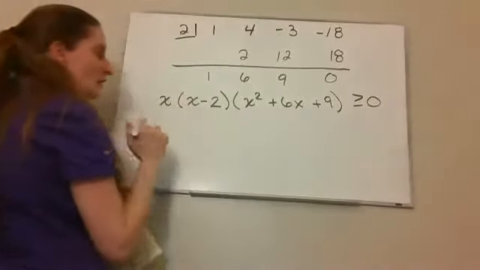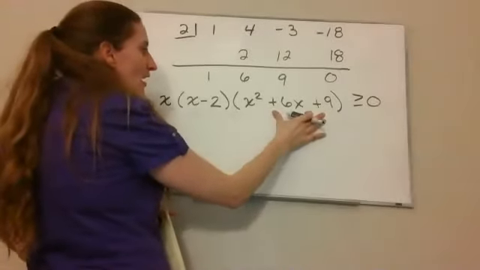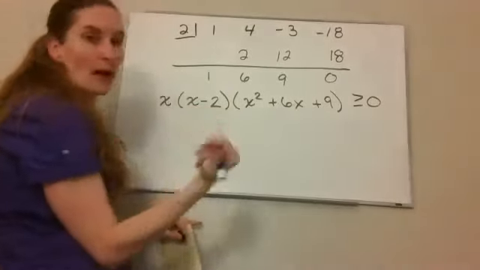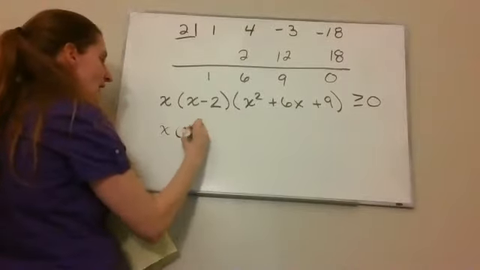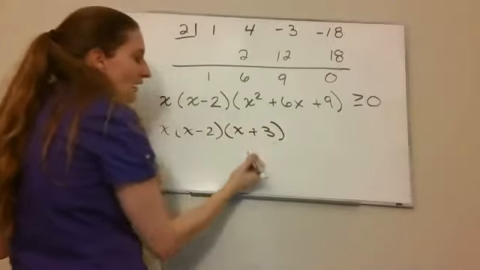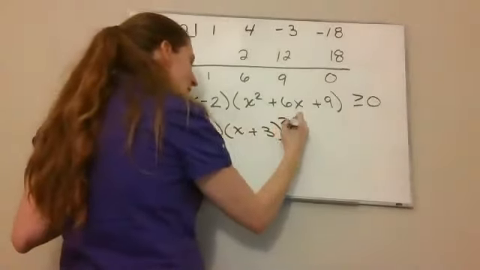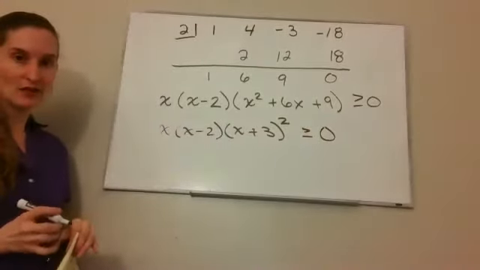But this x squared plus 6x plus 9, two numbers that multiply to 9 and add to 6 are positive 3 and positive 3. So I have x minus 2, this would be x plus 3 times x plus 3. So that's x plus 3 squared. And now we're fully factored.